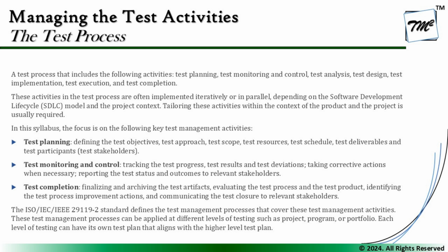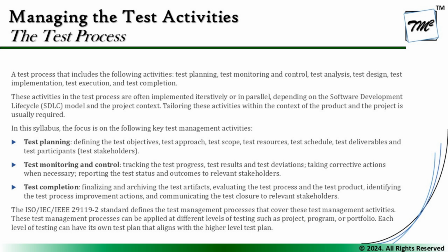Whereas monitoring and control are all about tracking the ongoing test progress, capturing the test results, and observing any deviations. As and when deviations are observed, corrective actions are taken appropriately to make sure that we get back to the plan. As a part of the same phase, we continue reporting the test status and outcomes to all the relevant stakeholders.